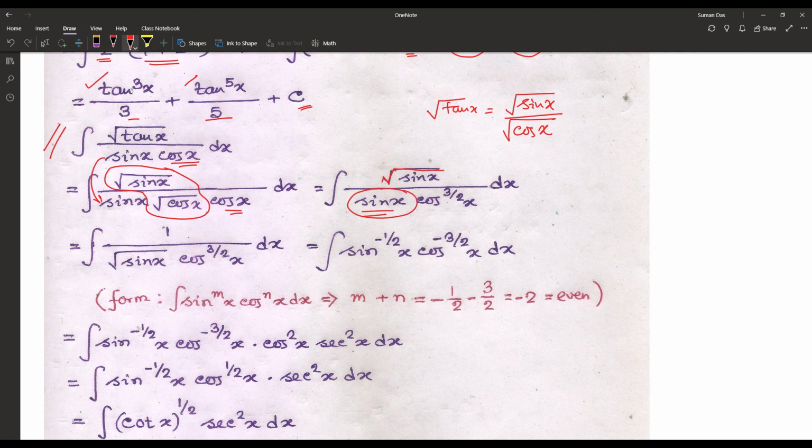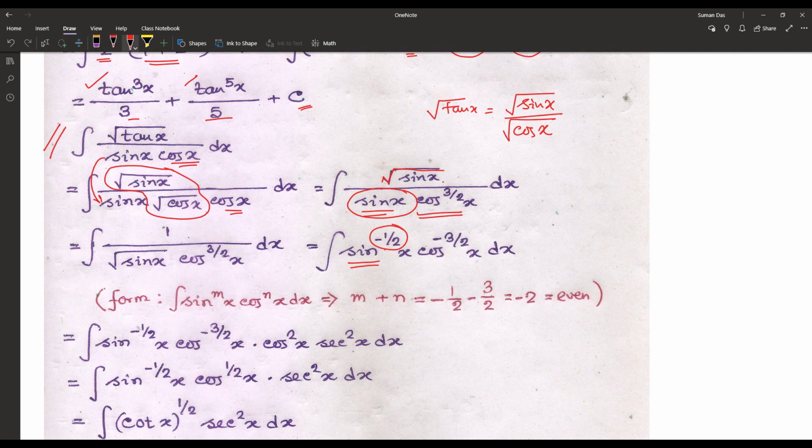Now the square root of cos x into cos x can be written as cos x to the power 3 by 2. And for square root of sin x divided by sin x, we can write it as sin x whole to the power minus half, and cos to the power minus 3 by 2.